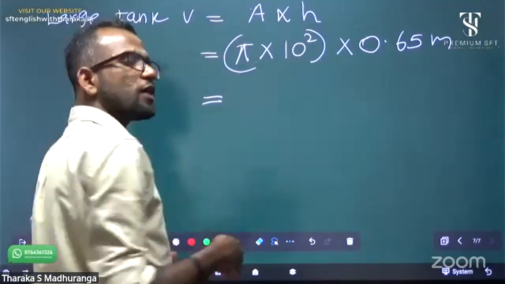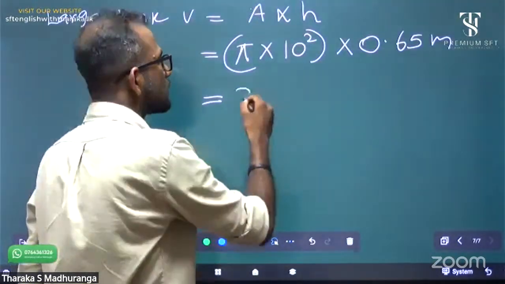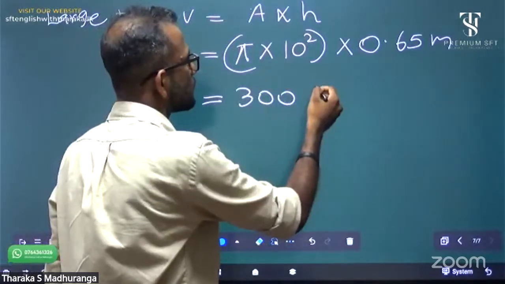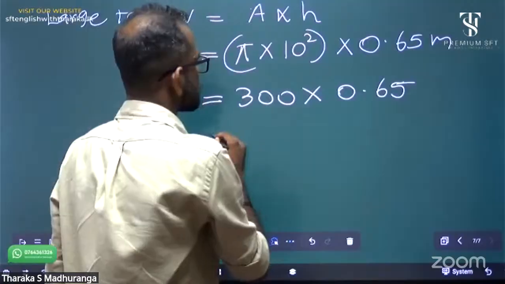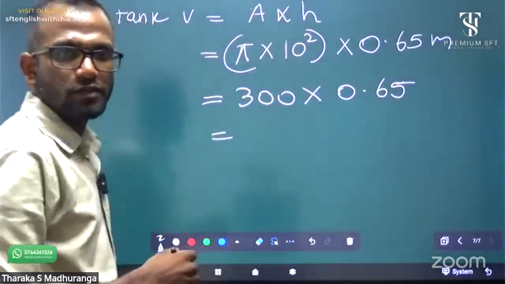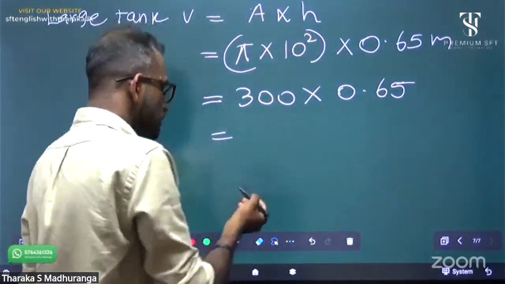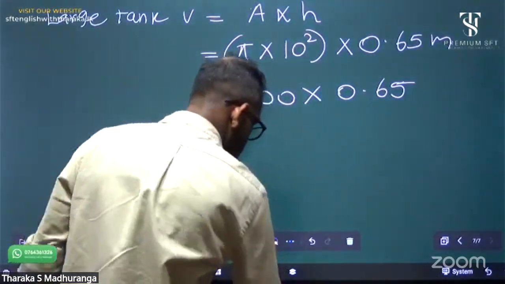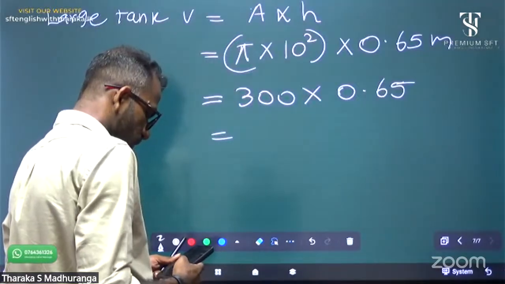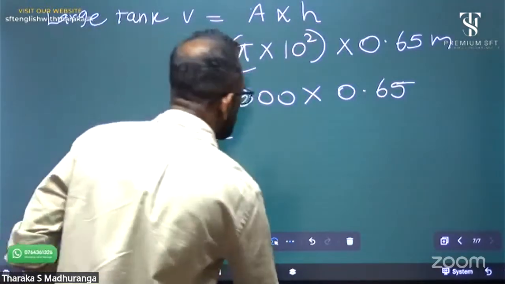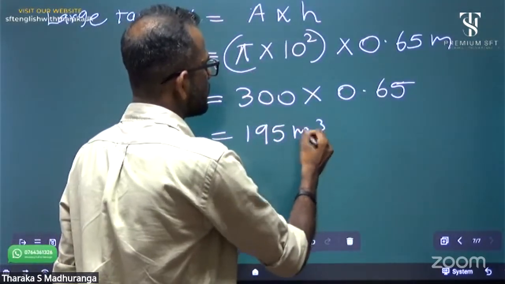Now 10 squared is 100. 100 into 3, 300, because pi equals 3. 300 into 0.65. Then 65 into 3, 195 cubic meter.